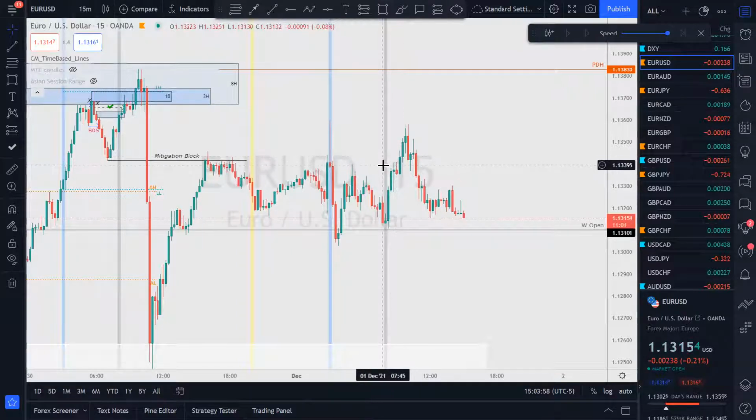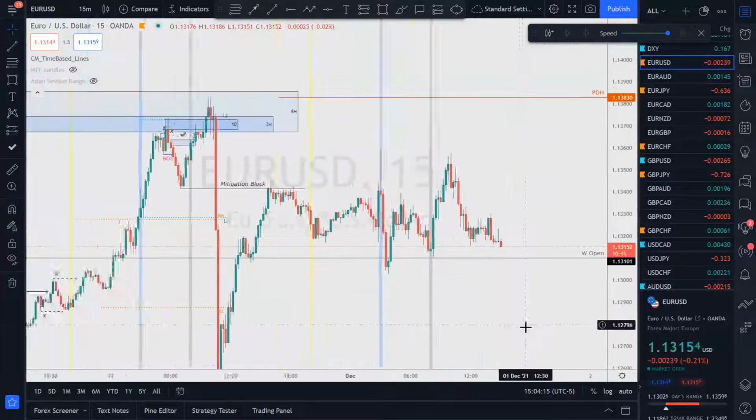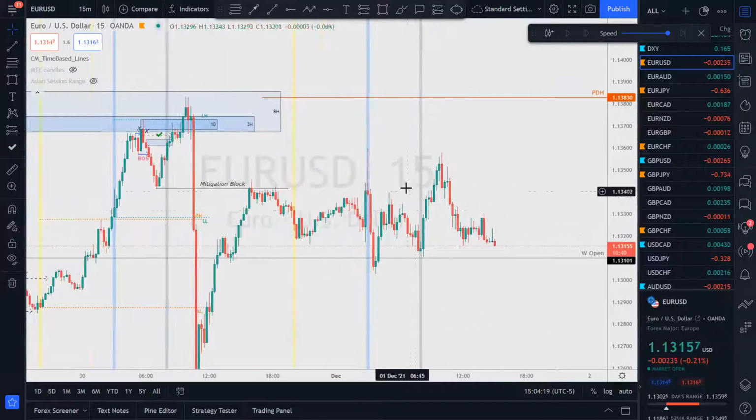As you can see, there was a mitigation block here, and we were above the weekly open, and previous daily high is up here, previous daily low way down there, and price was kind of sideways. I thought I had this one pretty well figured out, that we were going to turn bullish here, turn bearish here, so I can ride this thing down.